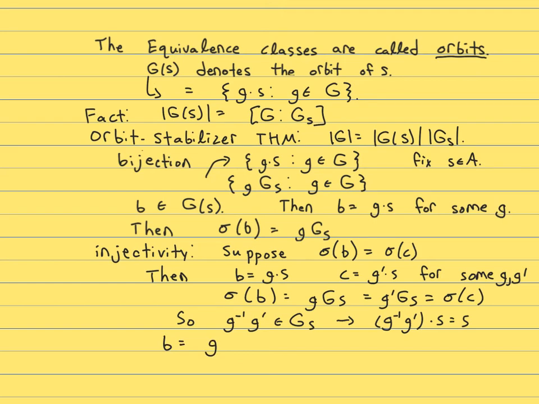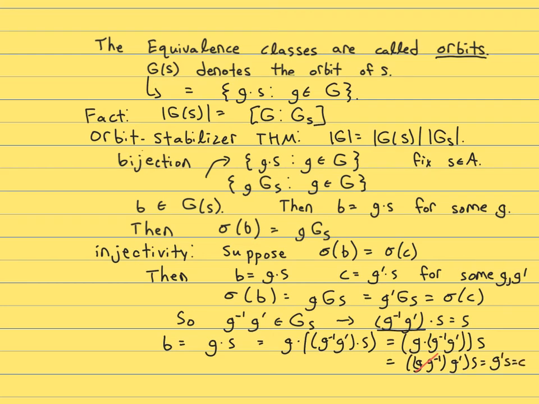We know that B is equal to g dot S. We now know that you can actually replace S with g inverse times g prime dot S. Now you apply associativity, or I mean the group action property, associativity, and then we cancel out the g times g inverse, and lo and behold, we get g prime S, which is C. So B is equal to C. So the function is in fact injective.